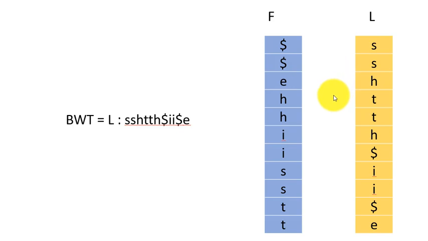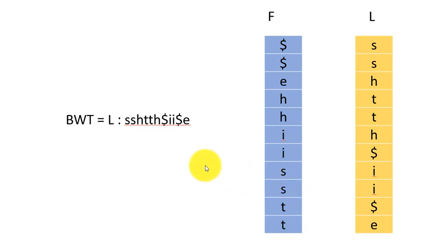So the first step is obtaining the permutation that generates the sequence F, consisting of the first element of each row. It's very simple to do, because we just sort this column based on the lexical order, and we get this column.